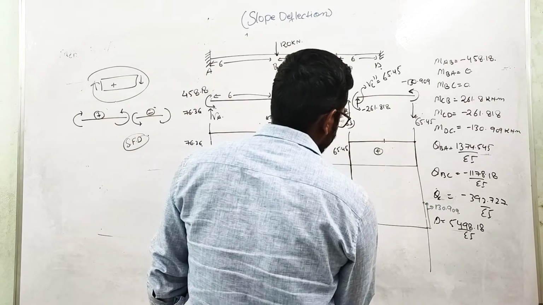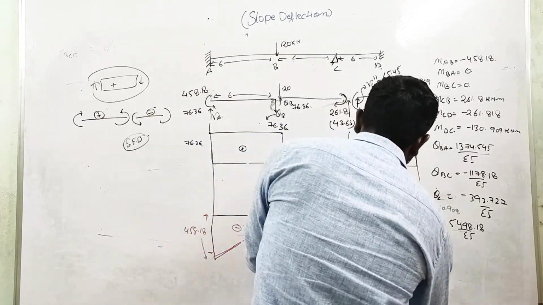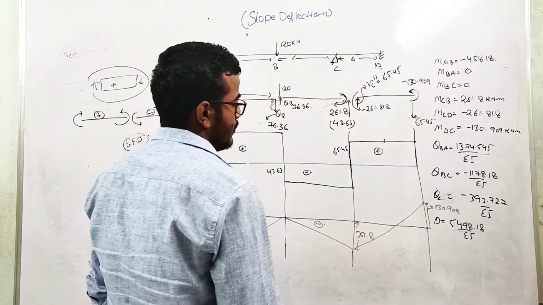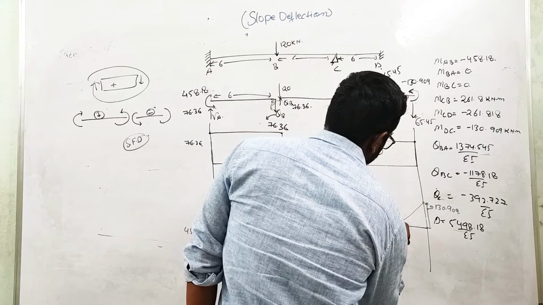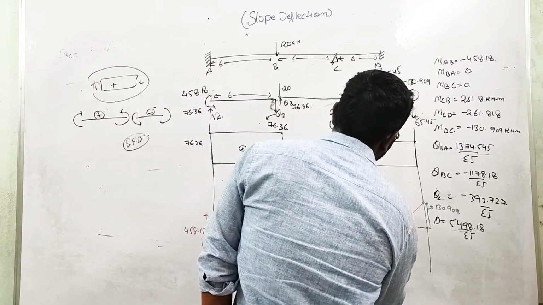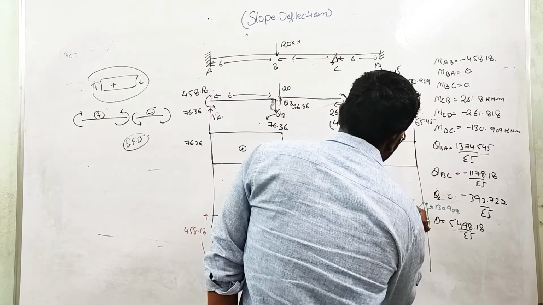And here you can see that this is negative and this is positive. So it should cross zero moment at some point. The moment will be 0 at some point. Where the moment is changing direction, this is nothing but the point of contraflexion.